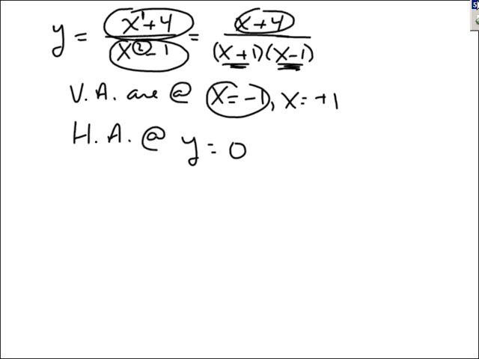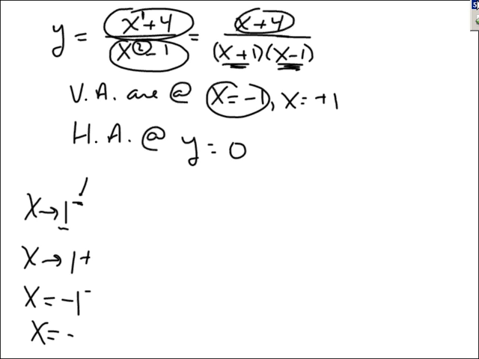We need to see what happens when x is a little bit more than 1. How about x is a little less than 1? That means less than 1. x is a little bit more than 1. How about negative 1? Negative 1 a little bit less, and x is negative 1, but a little bit more.